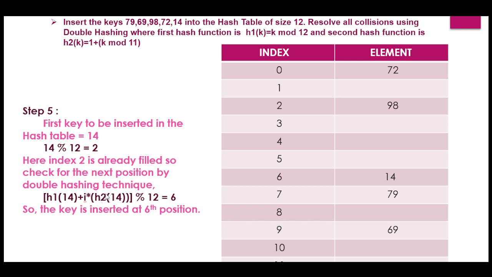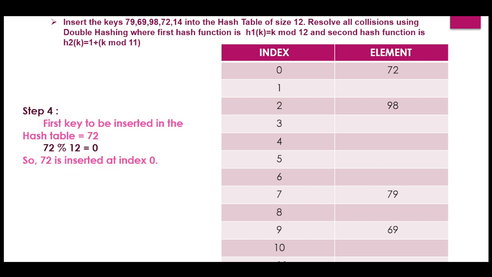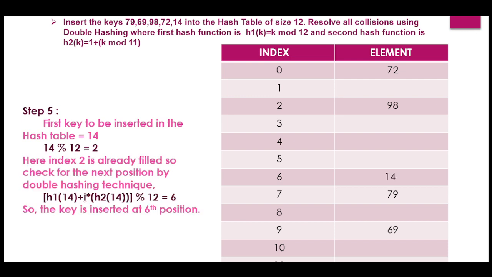Hash function 2 of 14 is 1 plus k modulo 11. This modulo 12, we get 6. So the key is inserted at the 6th position, whereas the 6th position is empty before. So 14 can be inserted happily. I hope you all understood. Thank you.